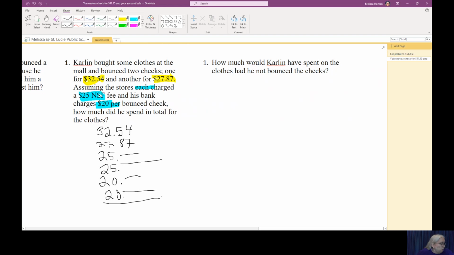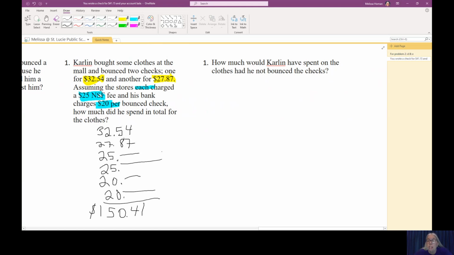Now, we add all this up. When we add all this up, listen to this. It becomes $150.41. Ay, ay, ay.